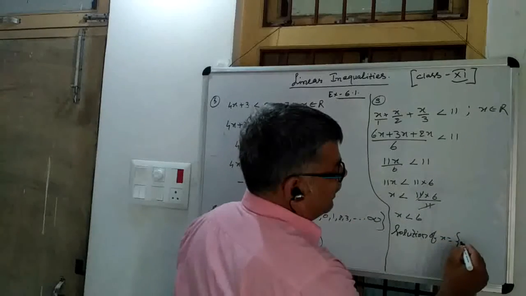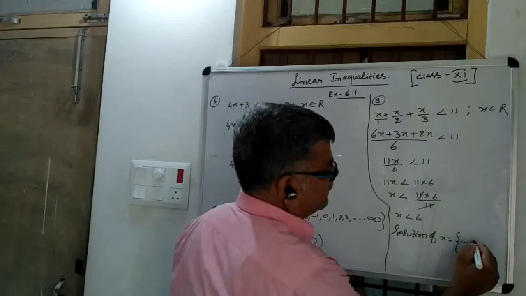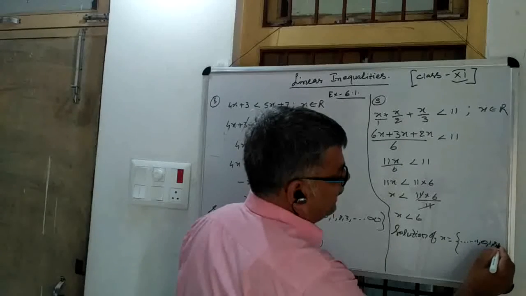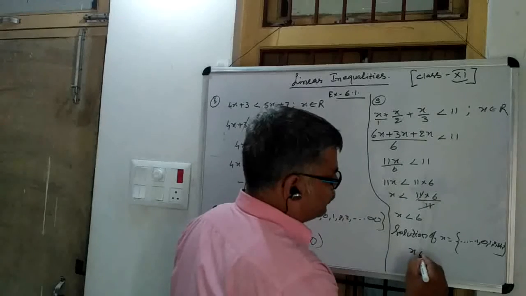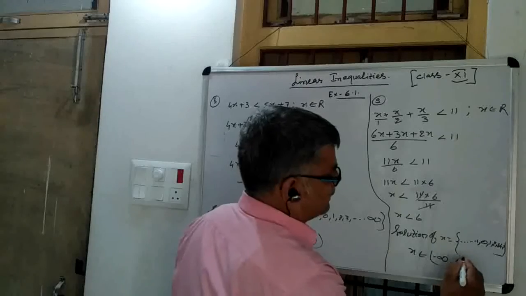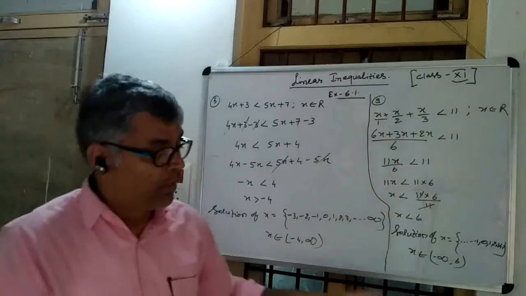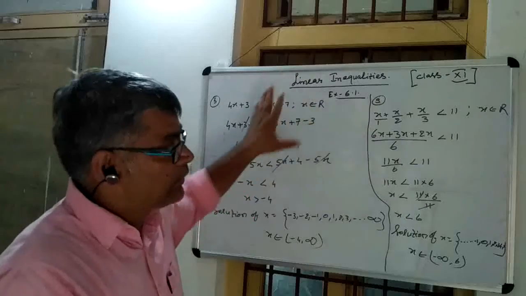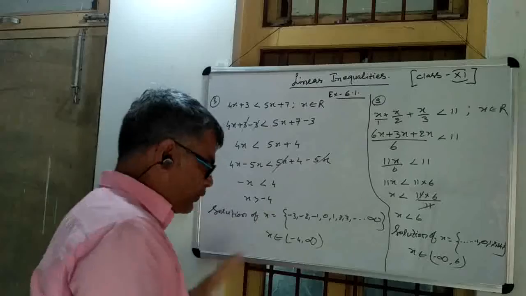It means that dot dot dot, you can write -1, 0, 1, 2, 3, 4 and 5, or you may write x belongs to minus infinite to 6, open interval, where 6 is not included in it. All the real numbers lying between minus infinite to 6 are the solution of this inequality. In this way, you have to solve this question.